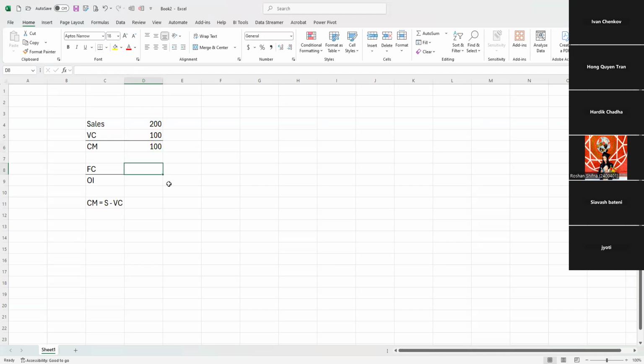Let's put some fixed costs here, say 50 fixed cost, and my operating income will be 100 minus 50. Simple. Now I have what I needed, so let's look at the question and possible solutions.